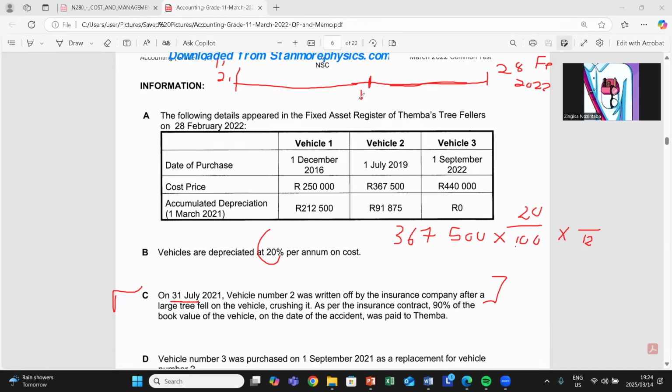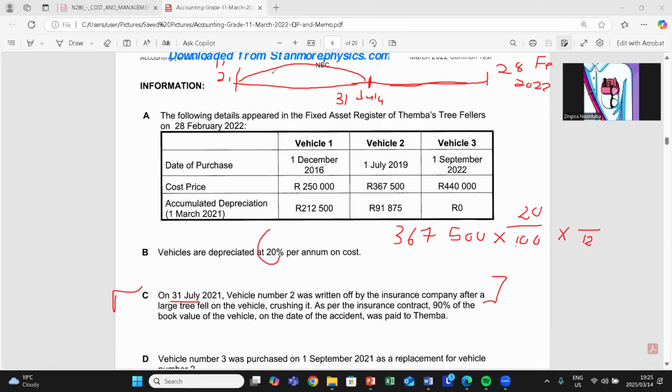July is probably here, the 31st. Meaning for the current financial year, you used the vehicle from the 1st of March up until the 31st of July. Why up until the 31st of July? Because on the 31st of July, a large tree fell on our car and crashed it, and we cannot use a vehicle that has been crashed.